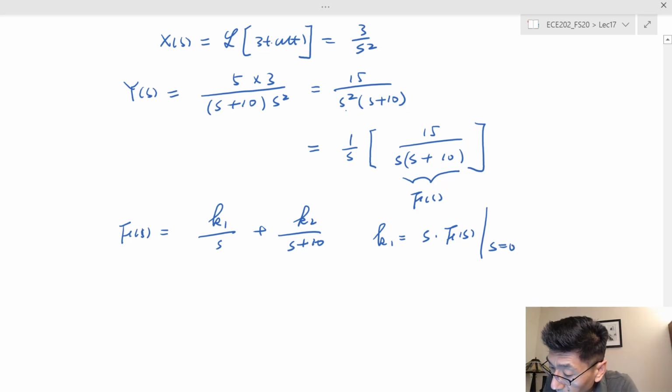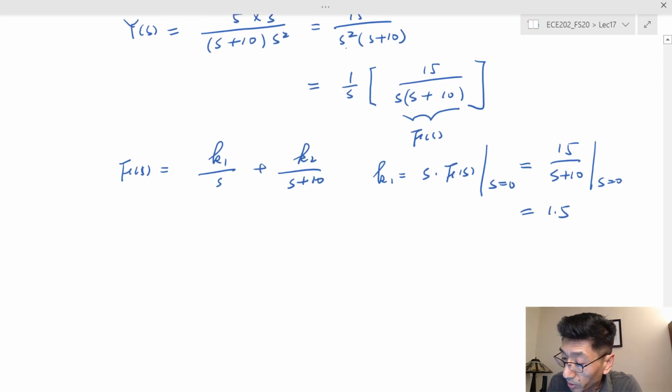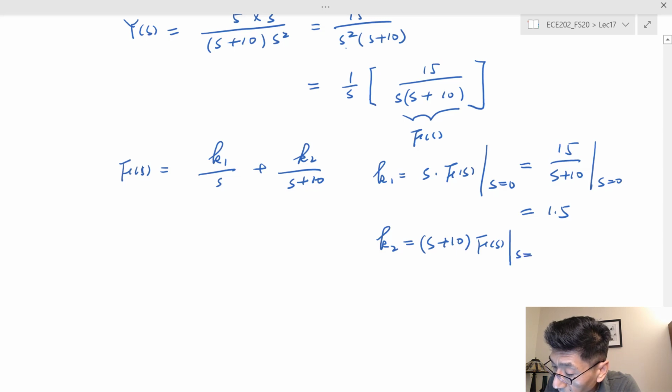In that case, we have 15 over s plus 10, and we evaluate that at s equal to 0, so that's equal to 1.5. So k2 should be equal to negative 1.5 if we didn't make any mistake here. (s plus 10) times F(s), then we evaluate at the pole here, which is negative 10, so we have 15 over s, we evaluate that at negative 10, no surprise, that's negative 1.5.